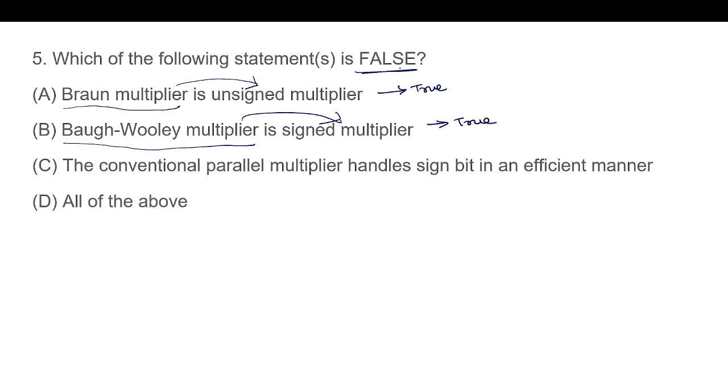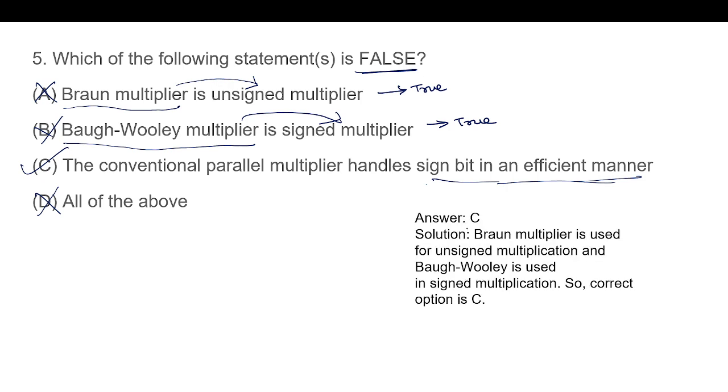They have asked which statement is false, so not 'all of the above', not this and not this. The conventional parallel multiplier handles the sign bit in an efficient manner. So this is the false statement. So option C, because the Braun multiplier is used for unsigned numbers and the Baugh-Wooley multiplier is used for signed multiplication. So the correct option is C.